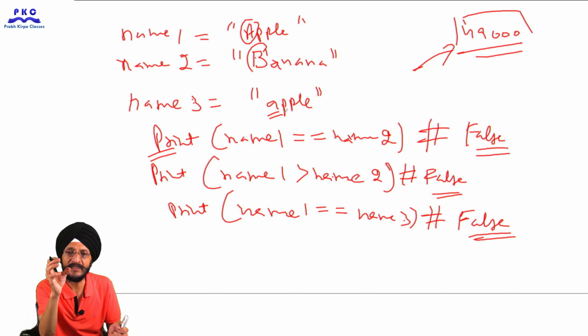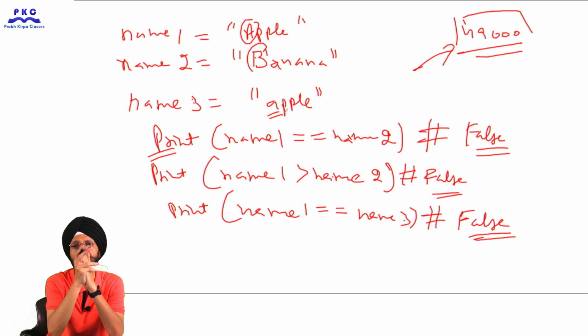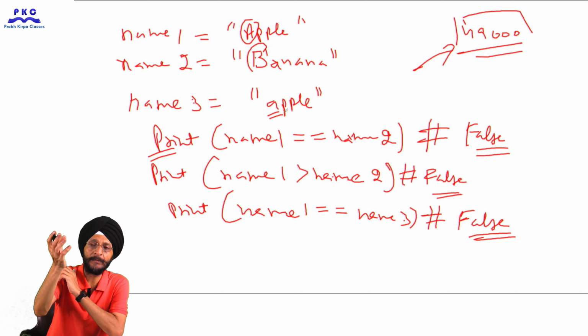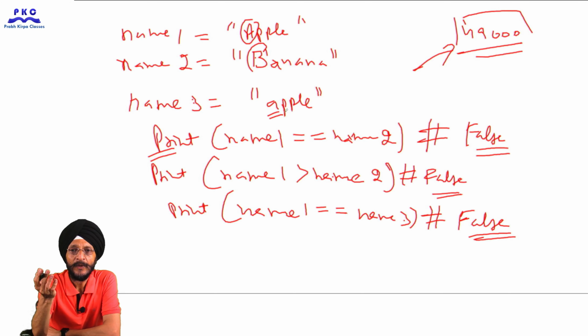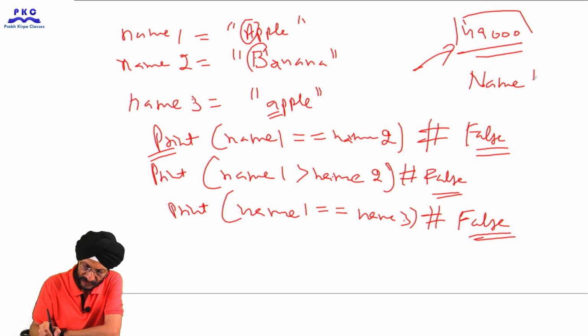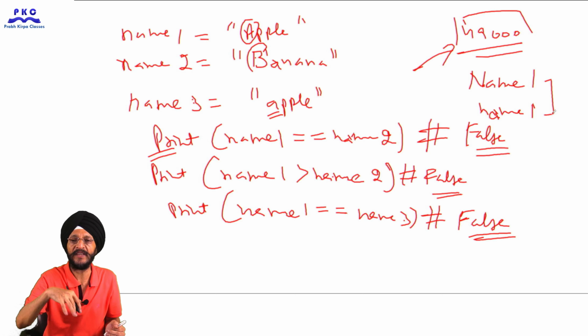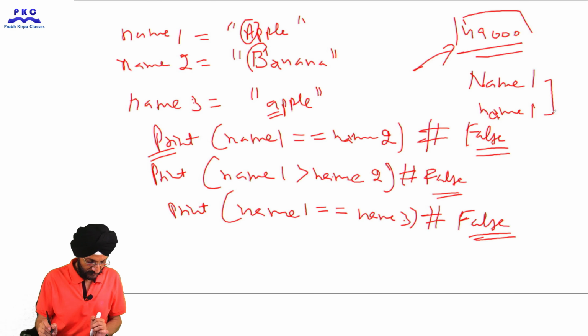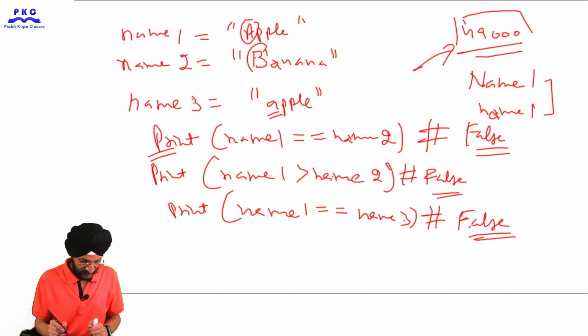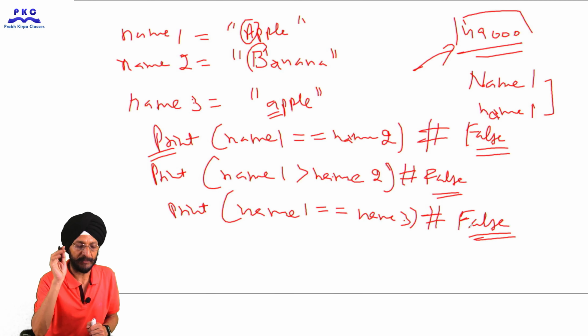Python interpreter recognizes case sensitivity. That is, it differentiates between lowercase and uppercase. It will assume that both the values are different. Even in the case of variables, if we write name 1 in one case and Name 1 in another, Python will take these as different variables. So Python considers case sensitivity; it differentiates between lowercase and uppercase.